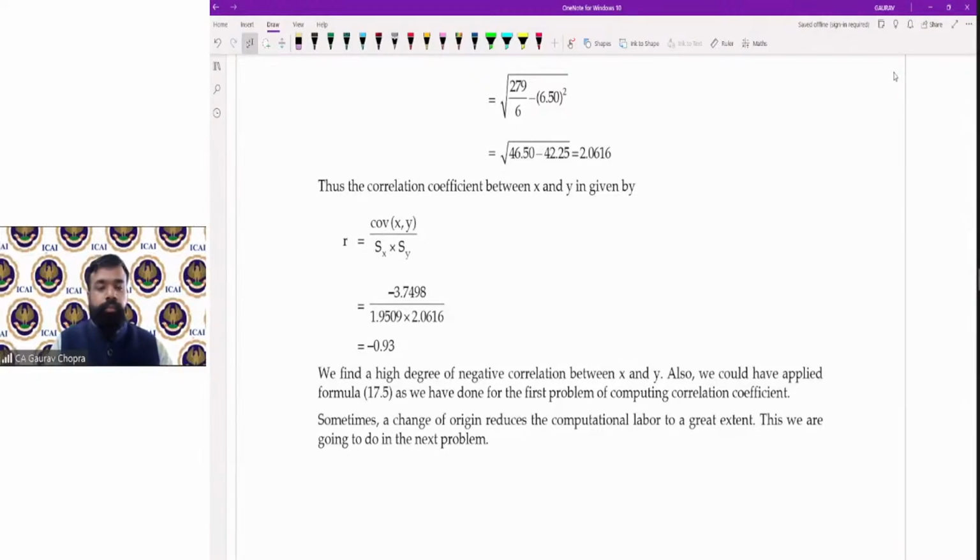Okay, understood everyone? So Carl Pearson का method कोई भी हो, answer will remain same. Whether you use covariance method or you can do direct method, the result will be same.